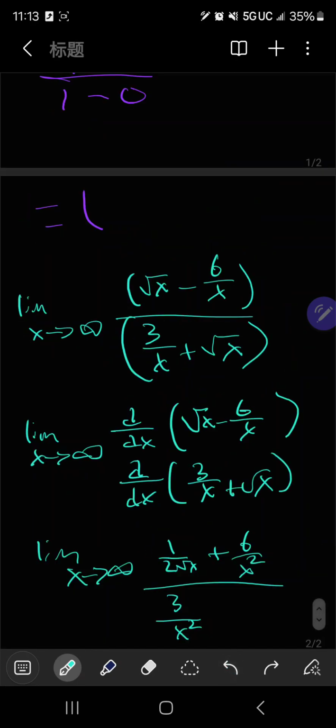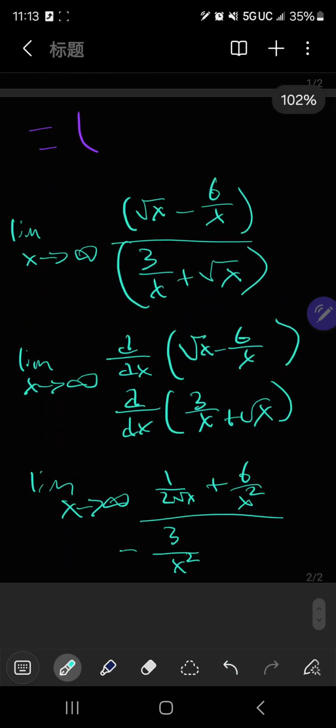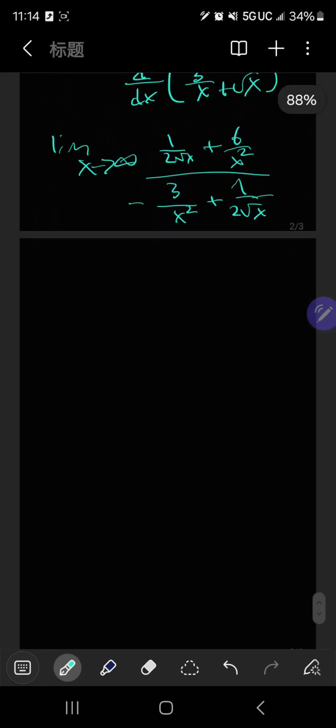We get negative, and then for the denominator, the derivative of root x is 1 over 2 root x. Okay, nice. Now we can look at what we have. We can write it as the limit as x approaches infinity, which applies for both.